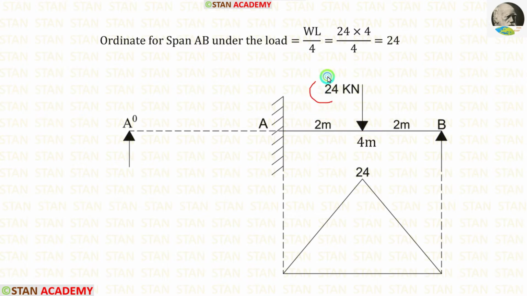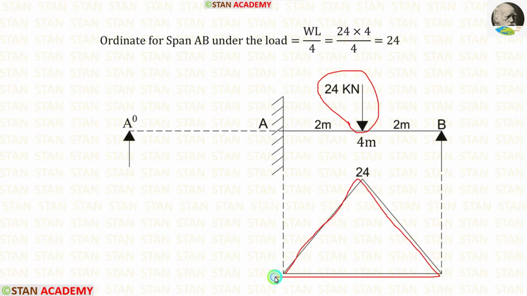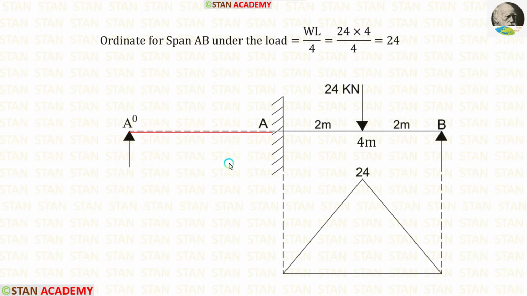Here W is 24, L is equal to 4. After applying in the formula, we are getting 24. Also, when the point load is acting in the simply supported beam, the bending moment diagram will be in the shape of a triangle. For A0A, there will be no ordinate and diagram because it is an imaginary span.